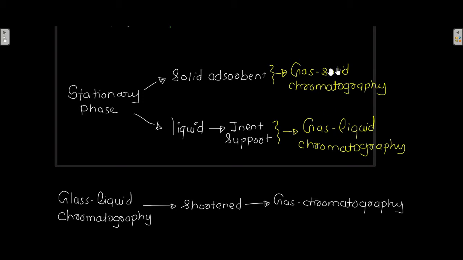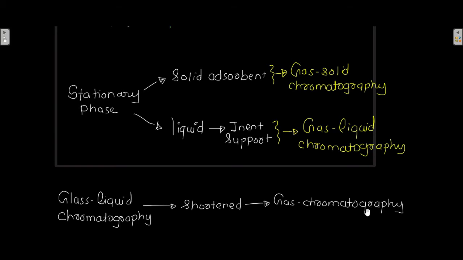So in gas solid chromatography, the stationary phase is solid, and in gas liquid chromatography, the stationary phase is liquid. Now, we usually call gas liquid chromatography simply gas chromatography.